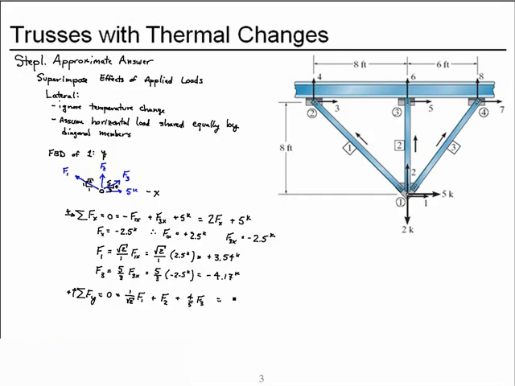And if we substitute in the values we have, we get 1 over the square root of 2 times 3.54 kips plus the force in member 2 plus 4/5 times the negative 4.17 kips. If we solve that for the force in member 2, we get a positive 0.83 kips. And so that member becomes tension.